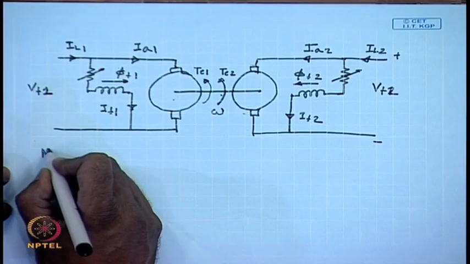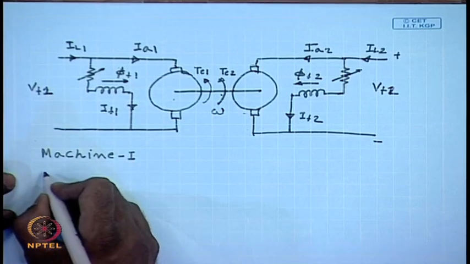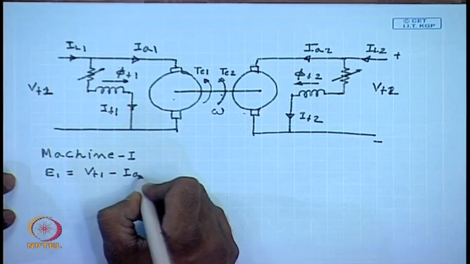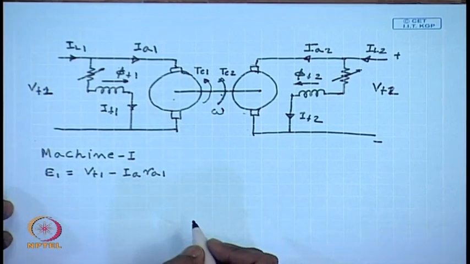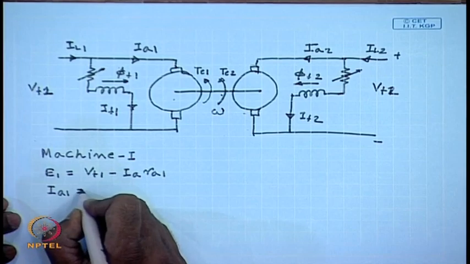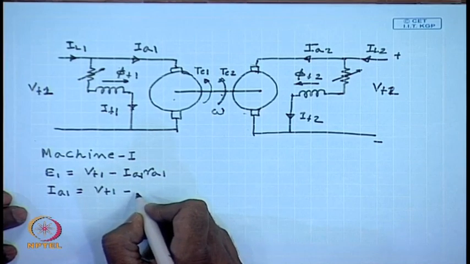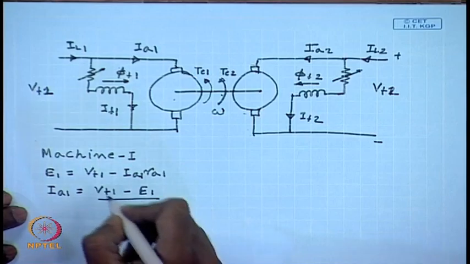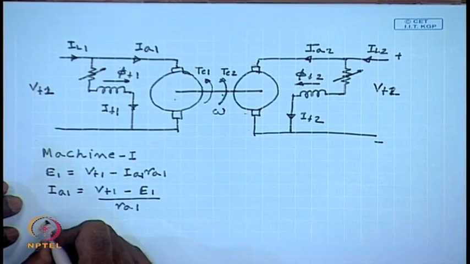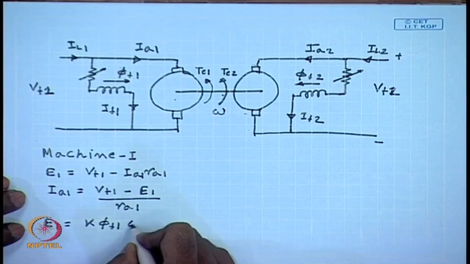Let us say for machine 1, we know E_1 equals V_T1 minus I_A R_A1, or I_A1 equals V_T1 minus E_1 by R_A1, but E_1 equals K phi_F1 omega.